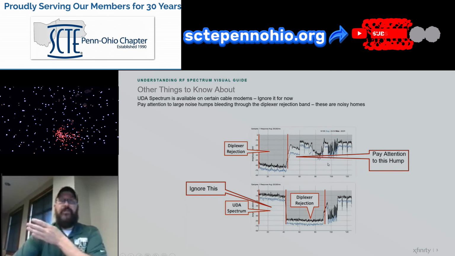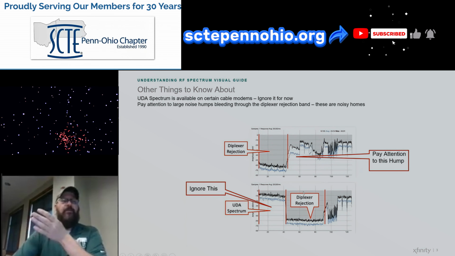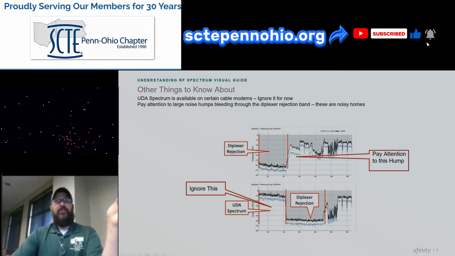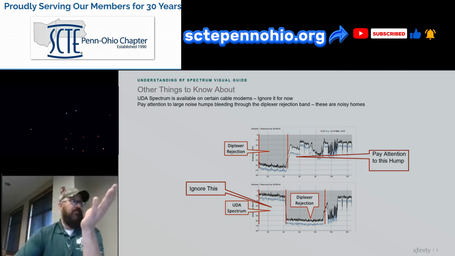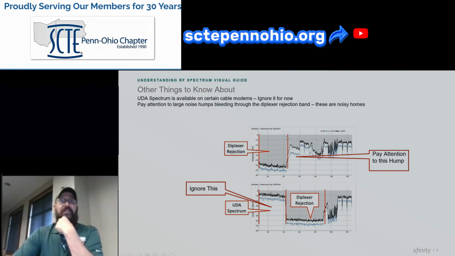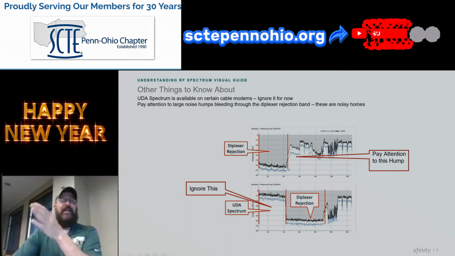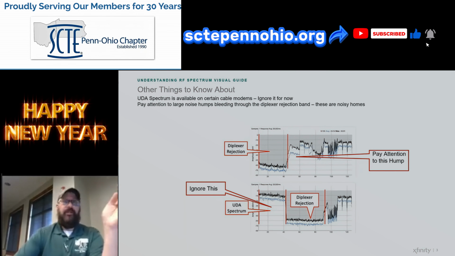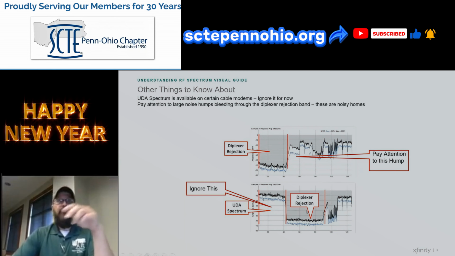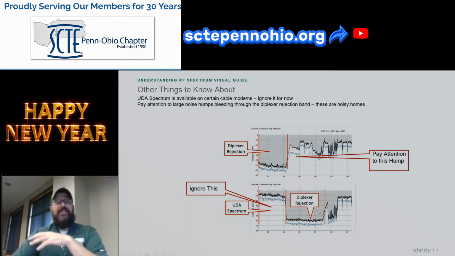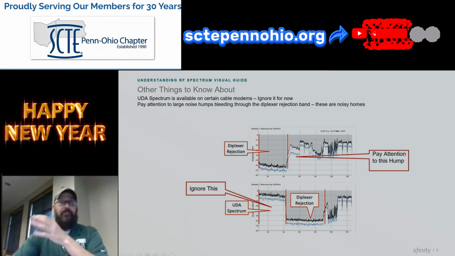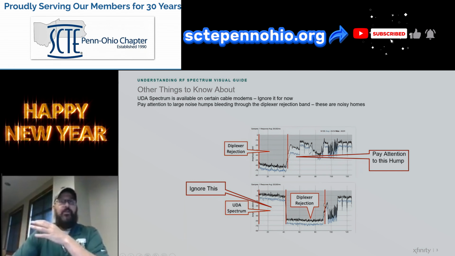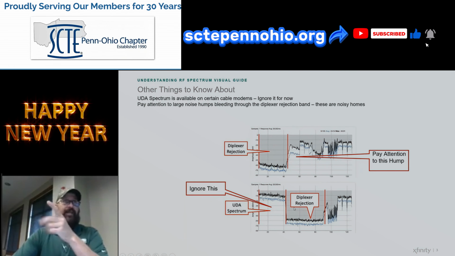Now, these could be on the same network, but the way that the signal on the downstream is represented is going to be very different. This device, the sub-split device, has a diplex that rejects below 42 megahertz or 45 megahertz, depending on the band edge. Now, the other device has an 85 megahertz diplex, so it will reject anything below that.